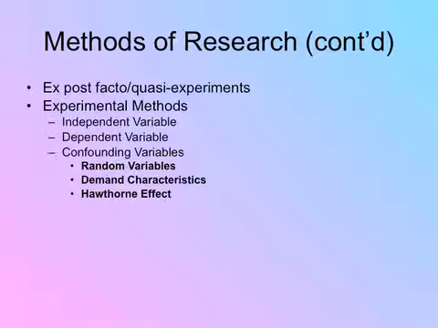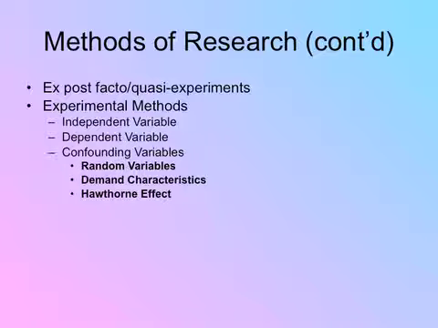Now we're going to conduct the experiment. And what they found out actually was that it wasn't the amount of light that was affecting worker productivity. It was actually the fact that the workers were being studied. And so being watched was what increased productivity, and not being watched was decreasing it.